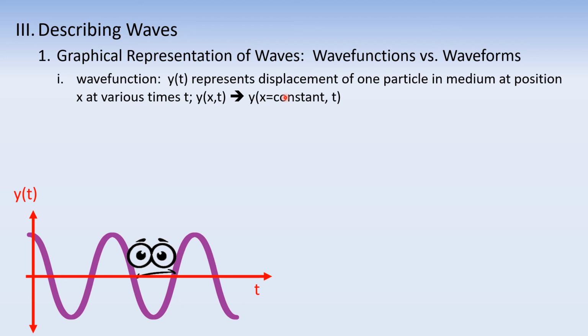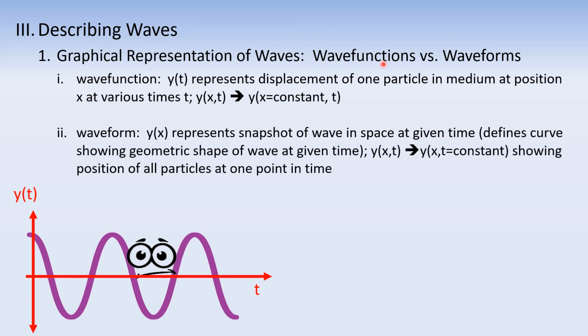How does that particle move in time? And if we were to make a graph of that, the motion of the particle in time, it would take this wave-looking shape. I want you to notice here that y represents the position of the particle, and on our horizontal axis we're graphing time. So we're looking at the position of the particle as a function of time.